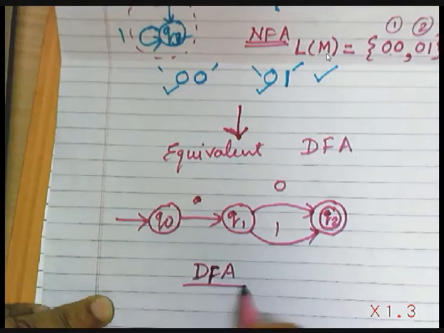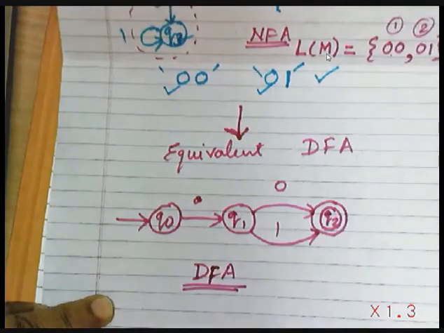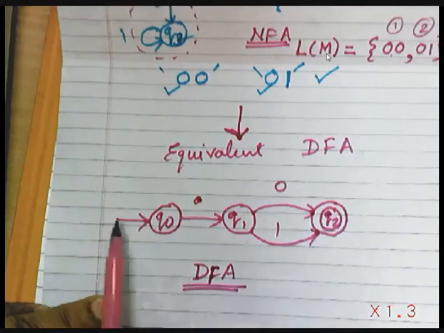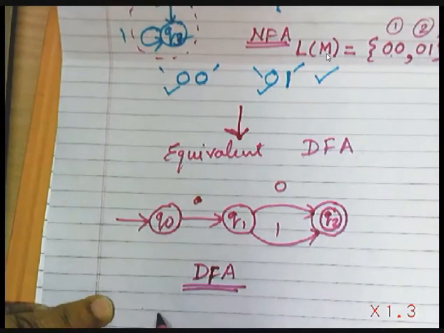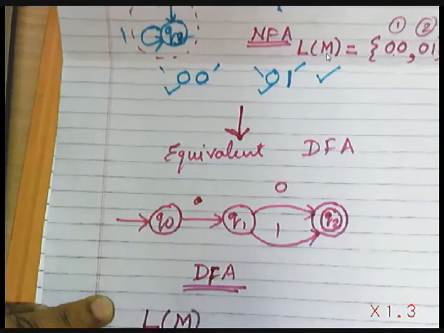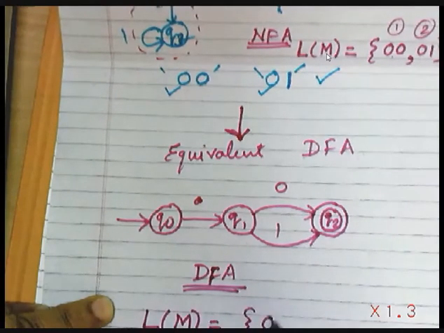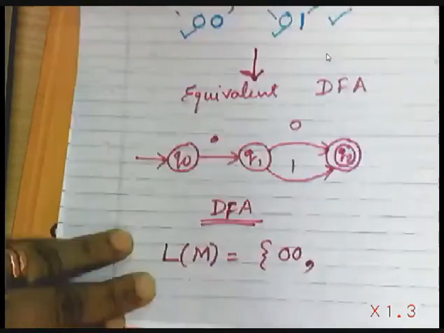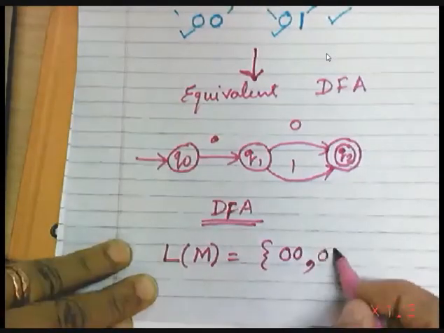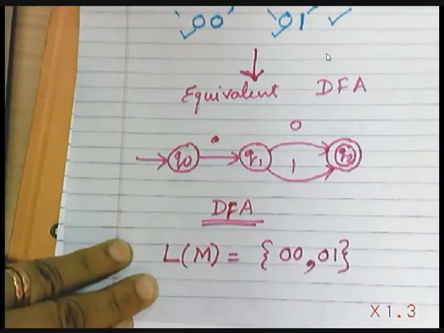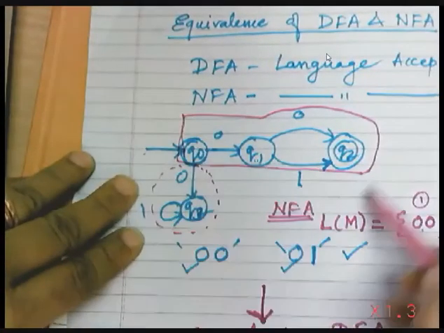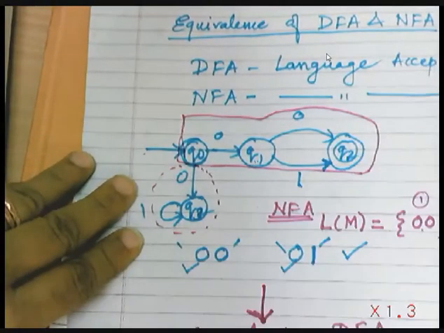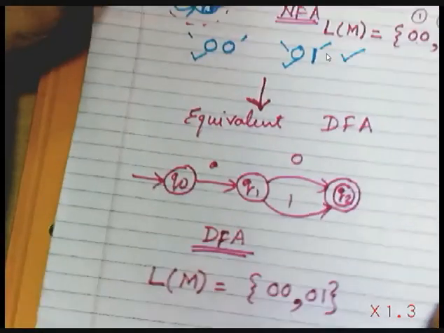Now if I want to know the same thing again, which language will be accepted by this finite automaton, that is the DFA, the answer will be the same: L(M) equals either 00 or 01. So for the above NFA, the equivalent DFA is this one.